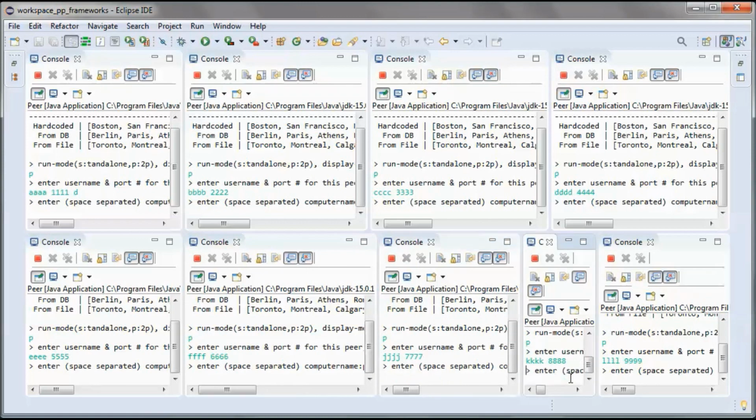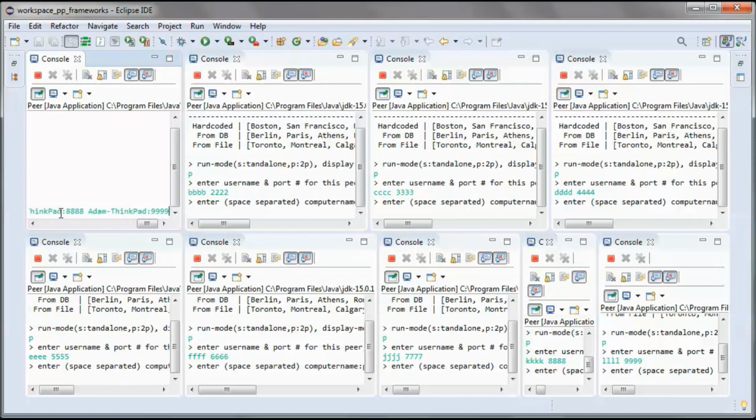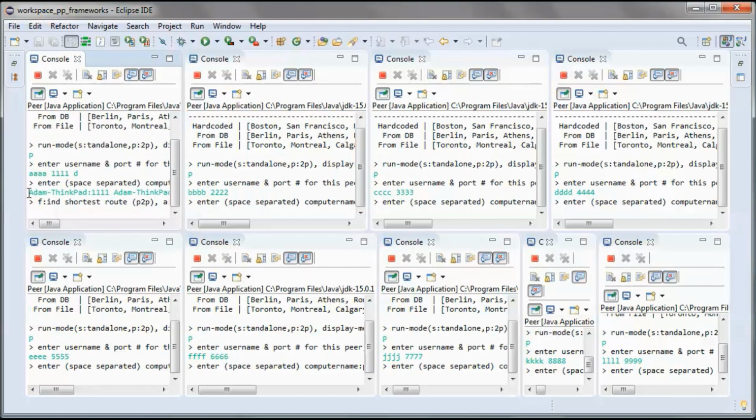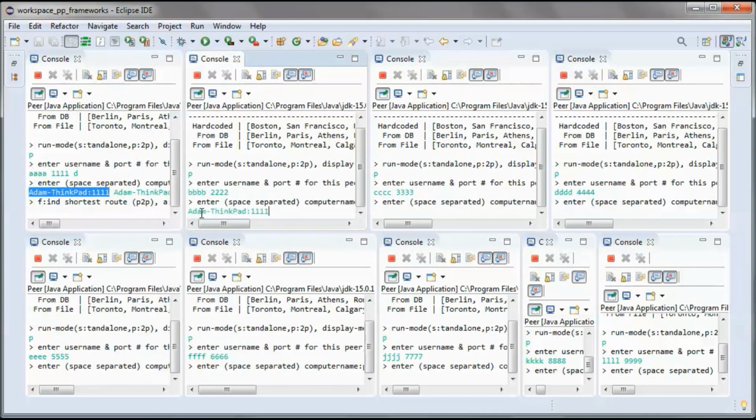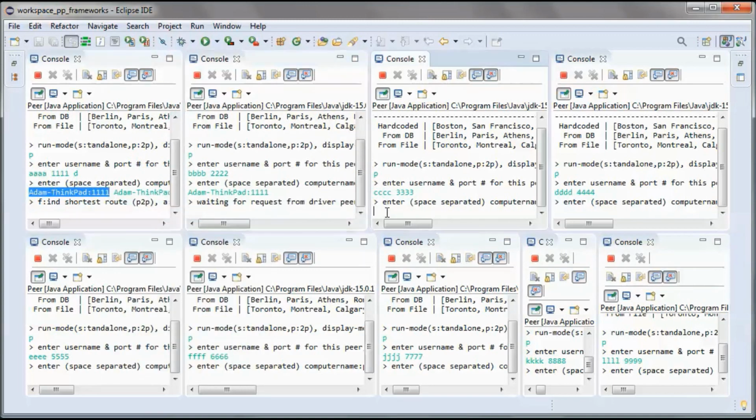So each one of the peers will be doing a permutation of 7 cities. So this one will be picking up messages from all peers, and all other peers will be picking up messages from the driver peer.